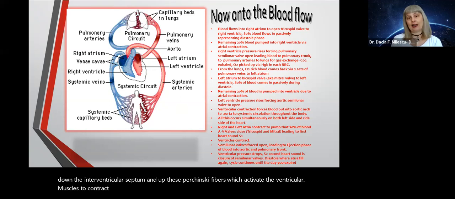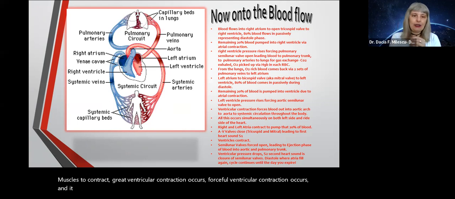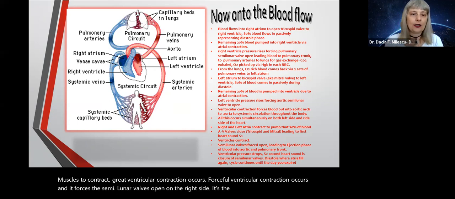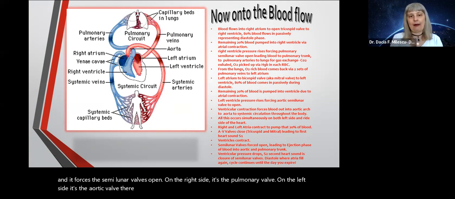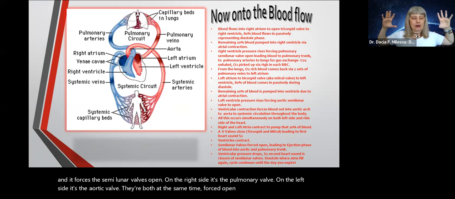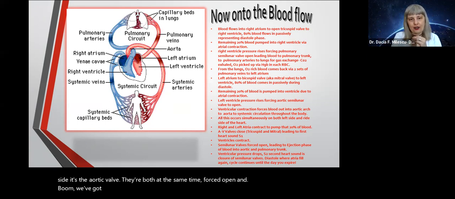Great, forceful ventricular contraction occurs, and it forces the semilunar valves open. On the right side, it's the pulmonary valve. On the left side, it's the aortic valve. They're both at the same time forced open, and boom, we've got ventricular ejection.